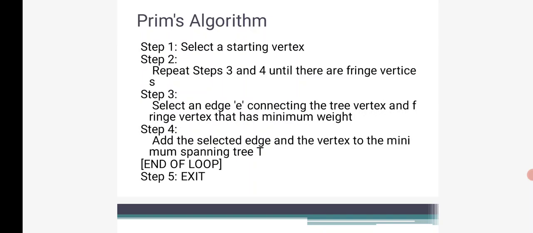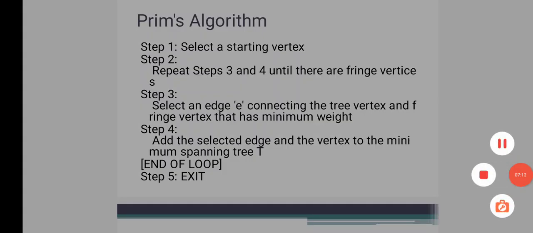Step 4, add the selected edge and the vertex to the minimum spanning tree T. We repeat these steps until all the vertices have been covered. When the vertices end, we can stop the algorithm and calculate the minimum spanning tree.